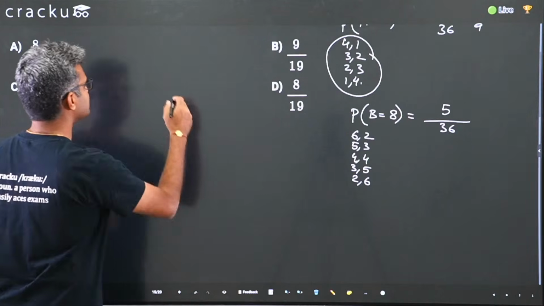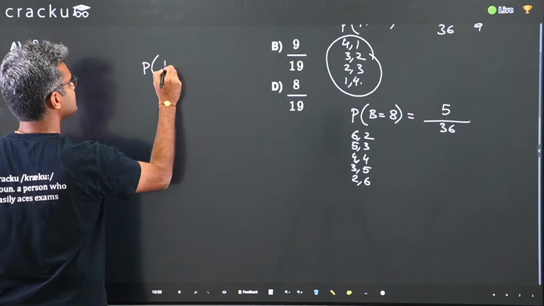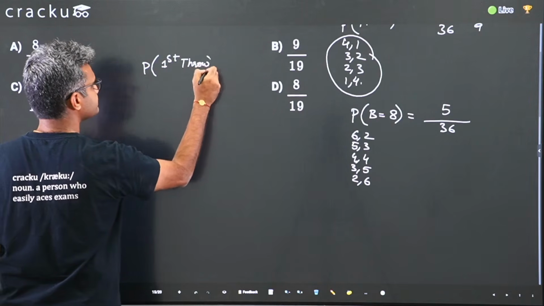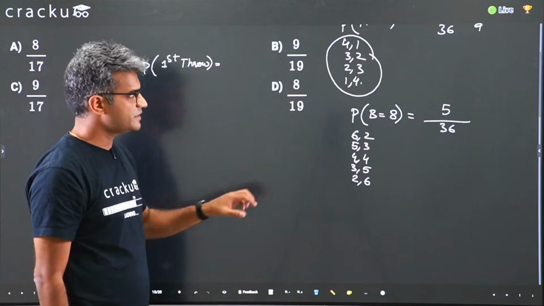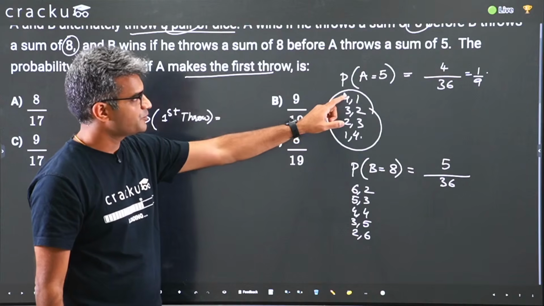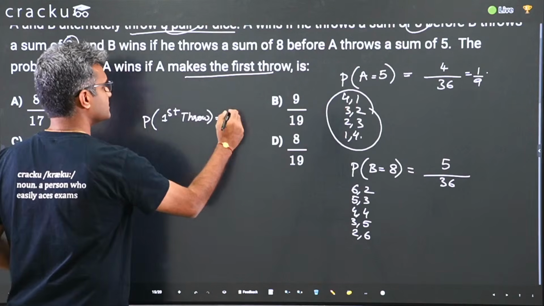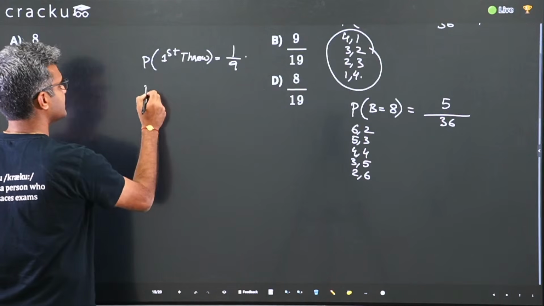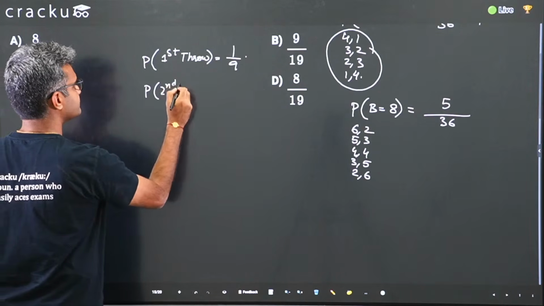What is the probability that the game is finished in the first throw? The game will finish in the first throw if A throws the dice and the sum is 5. The probability for that to happen is 1 by 9. Now what is the probability that the game is finished in the second throw?